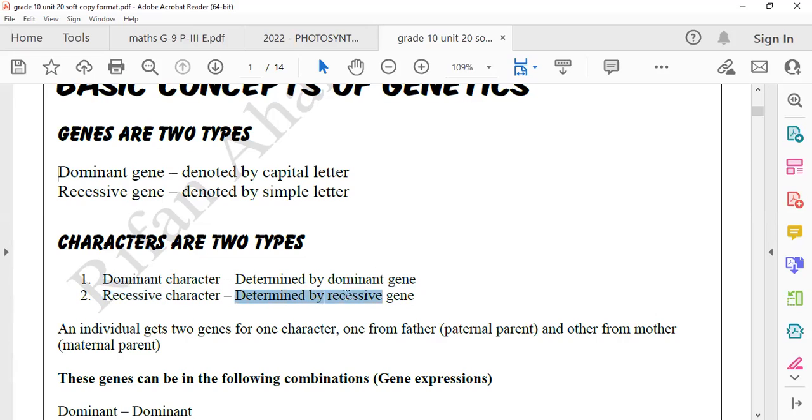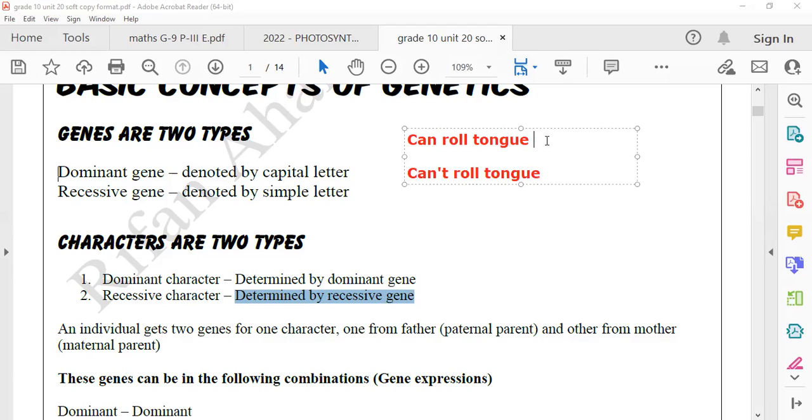Can you understand the recessive gene? Yes, sir. To represent a dominant gene, now we said can roll tongue is dominant or recessive? Dominant.